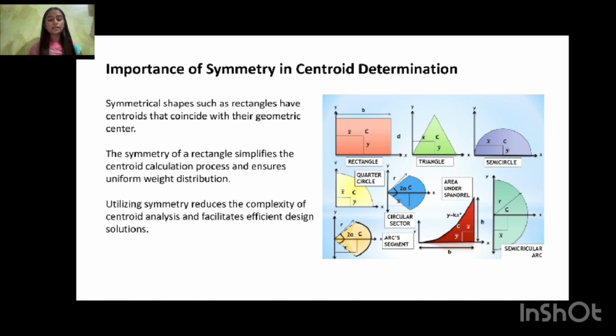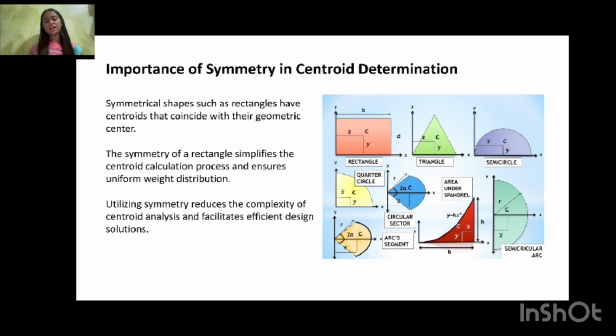Utilizing symmetry reduces the complexity of centroid analysis and facilitates efficient design solutions. The same diagram which I showed in the third or fourth slide is repeated here.